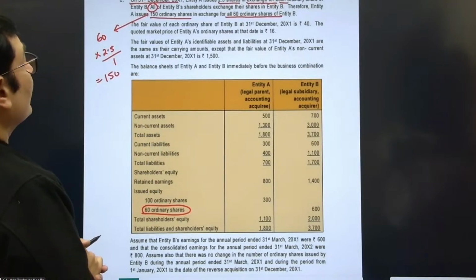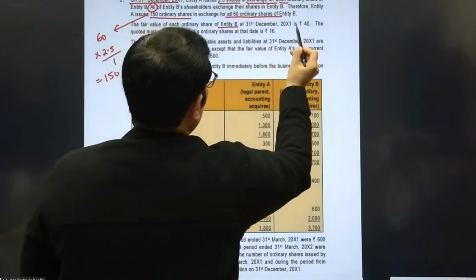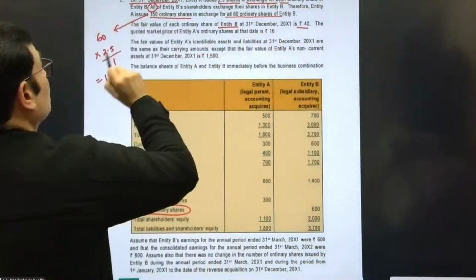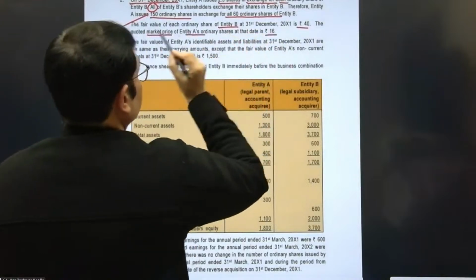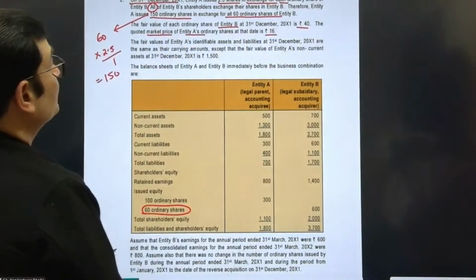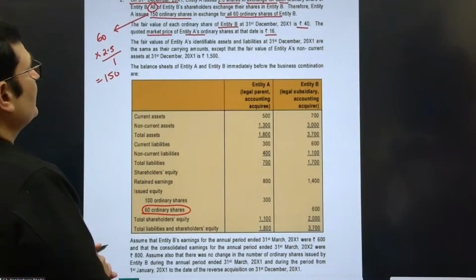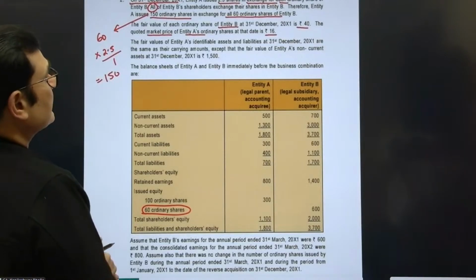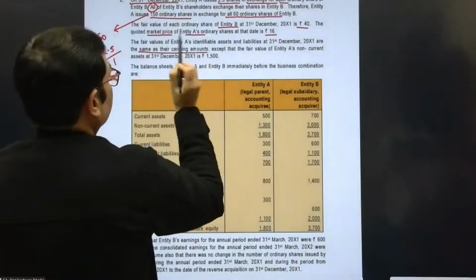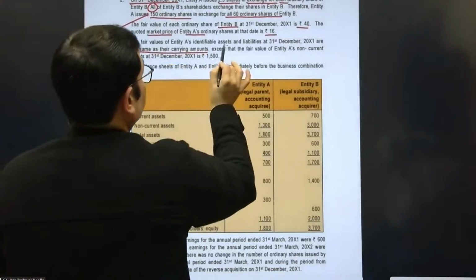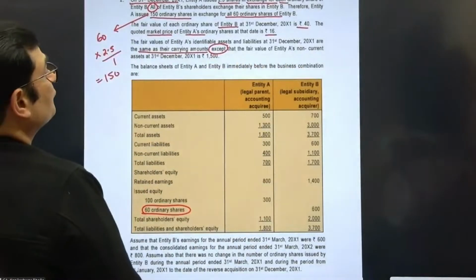Then it says the fair value of each ordinary share of entity B is 40 and the quoted market price of entity A's ordinary share is 16. So we're given the fair value of the shares as well. And then it says the fair values of entity A's assets and liabilities are the same as their carrying amount, except that the fair value of A's non-current assets is 1500.